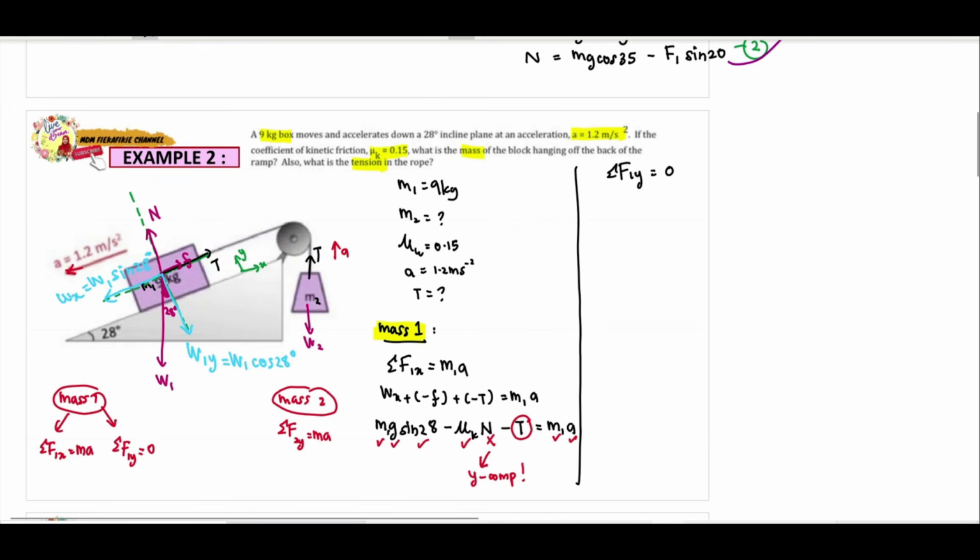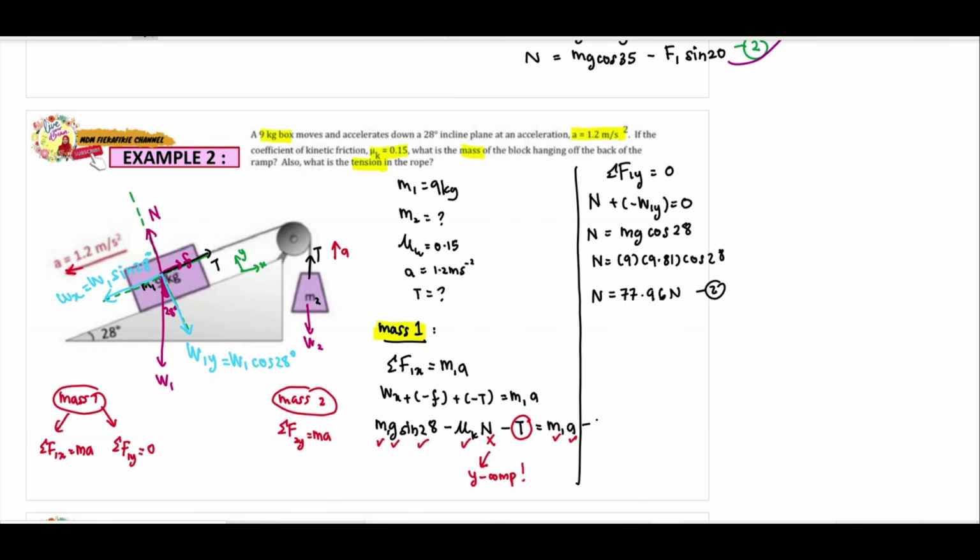So, sekarang saya akan tulis normal, positif, saya consider dia upward, plus negative W1Y equal to 0. And then, normal you akan dapat equal to mg cos 28. So, substitute all the values. 9.81 cos 28. So, you akan dapat normal is equal to 77.96 Newton.